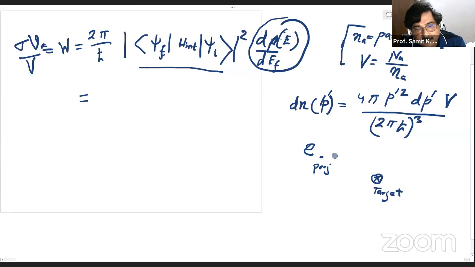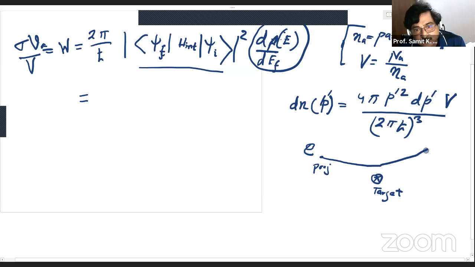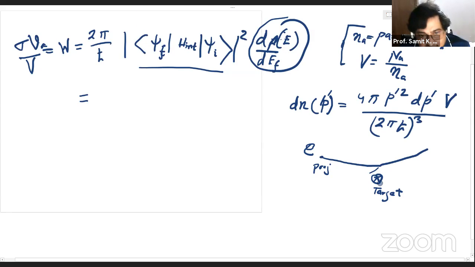It is passing through this interaction zone, and because this interaction between the electron and the target is electromagnetic, and because of the very high velocity, it will cross this target within a very short time.